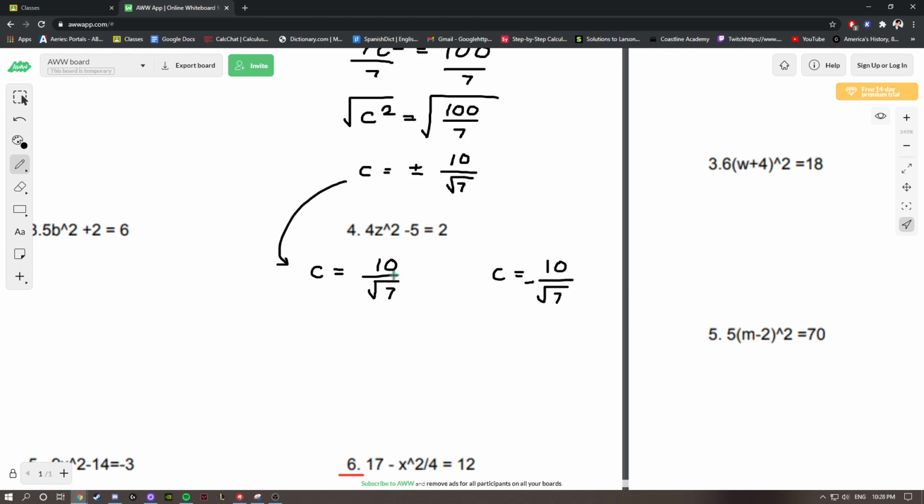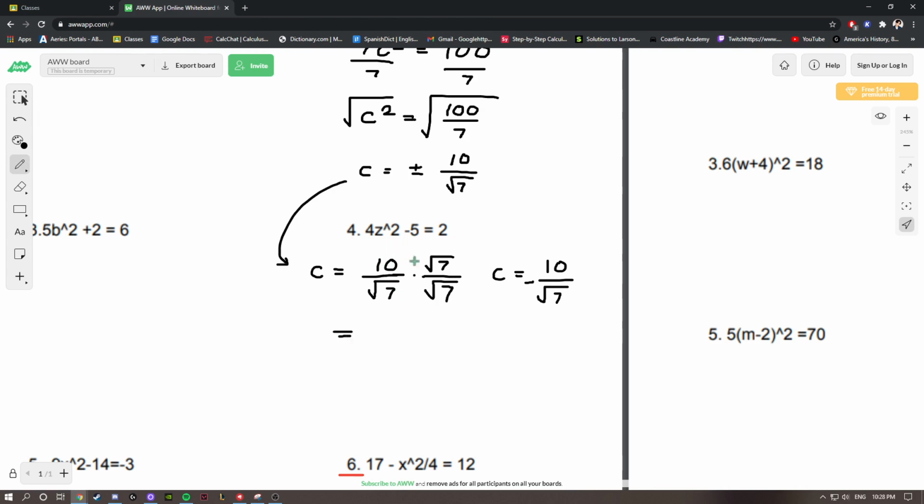In order to get rid of this square root without changing your answer, we want to do something called rationalizing. You multiply by the square root of the denominator over itself, because square root of 7 divided by square root of 7 is equal to 1. So technically, we're not changing the value of the fraction.